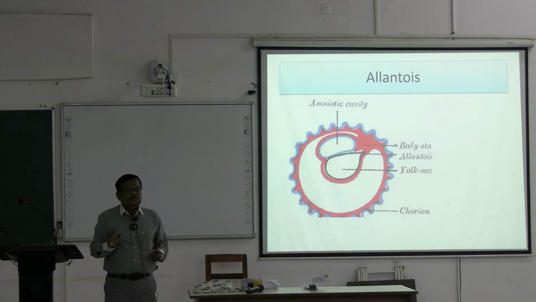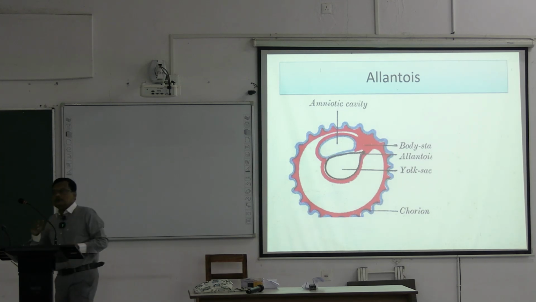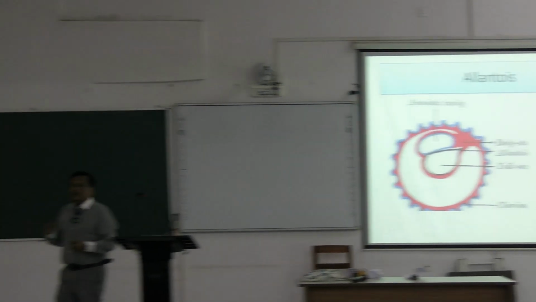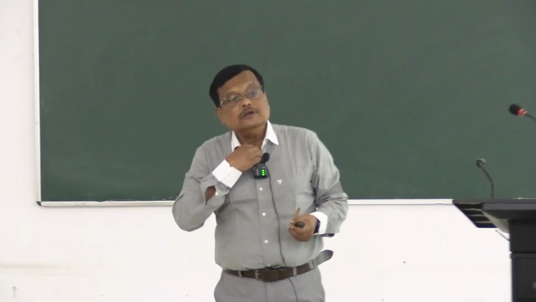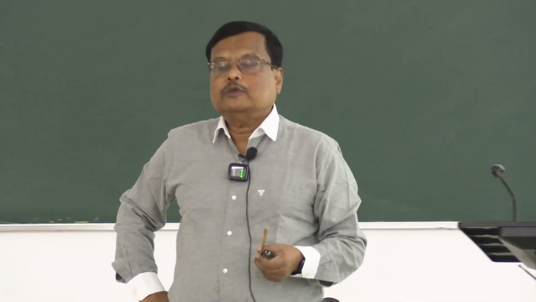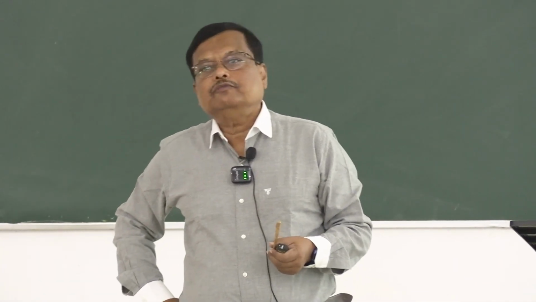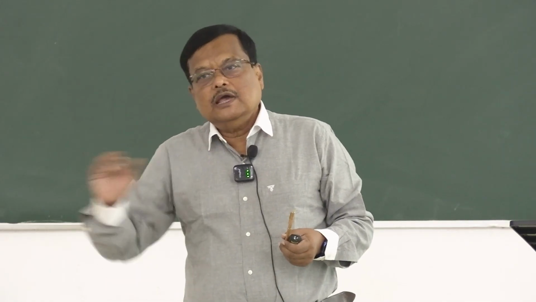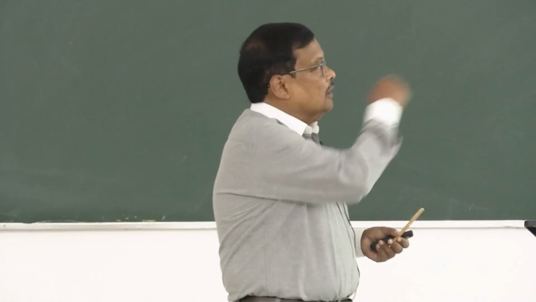But loosely, where is the GI system developing from? Sir, endoderm. But it is partly true, right? Not only the GI system, a part of the urinary system also develops, and the lining membrane of the respiratory system also develops, trachea, tracheobronchial tree, lungs, etc. All are developed from the gut, and the gut is also developed from the yolk sac.